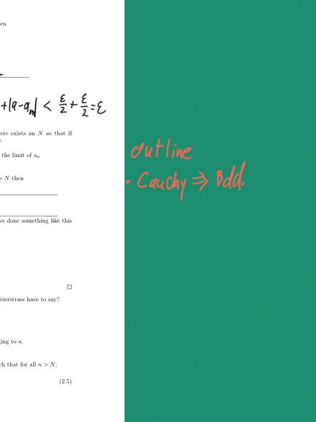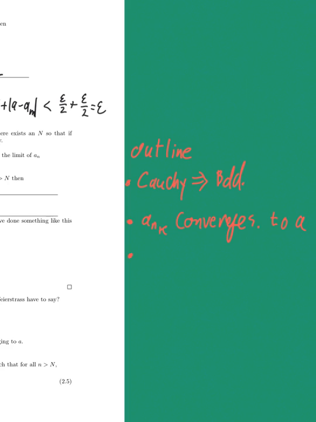So there's step one. If I can accomplish step one, then I can get a subsequence to converge. Ooh, but wait, that'll be useful. If the whole thing converges, it has to converge to the same limit as this subsequence. So let's give the limit of that subsequence a name. It will converge to some number. Let's call it A.